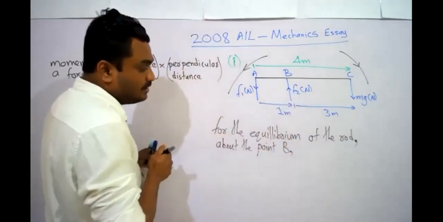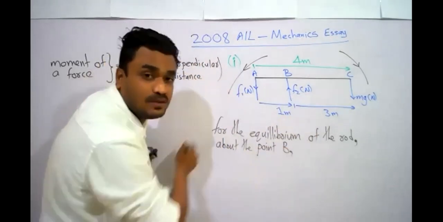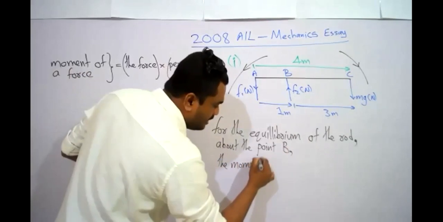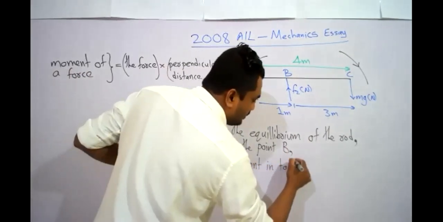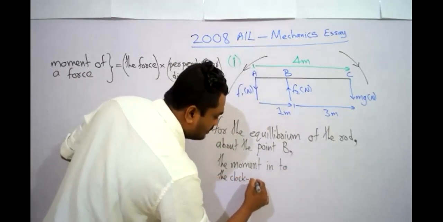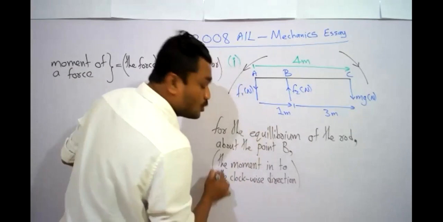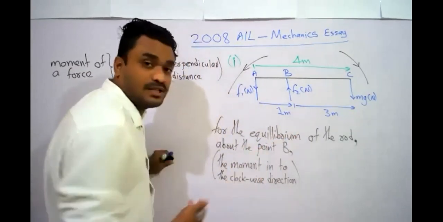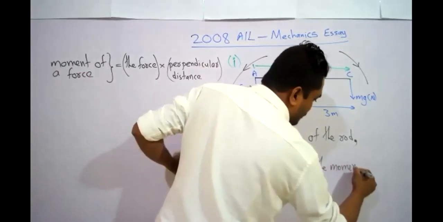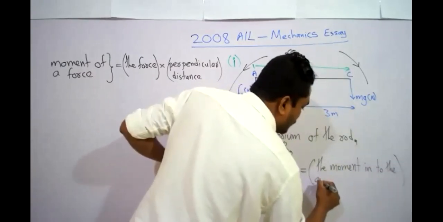For the equilibrium of the rod, about the point B, this condition must be satisfied: the moment in the clockwise direction, the rotating effort in the clockwise direction, should be equal to the moment in the anti-clockwise direction.